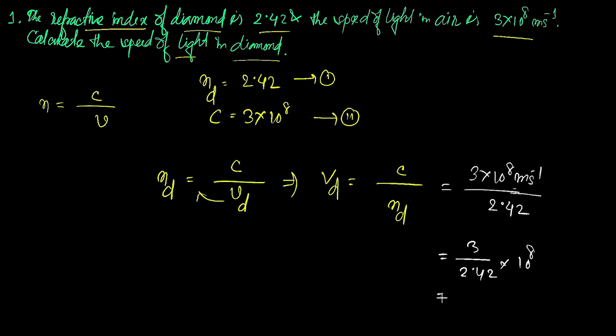If you solve this whole part, it is going to be almost 1.24 into 10 to the power 8 meter per second. Again, it is given as meter per second. So we have solved the first problem.